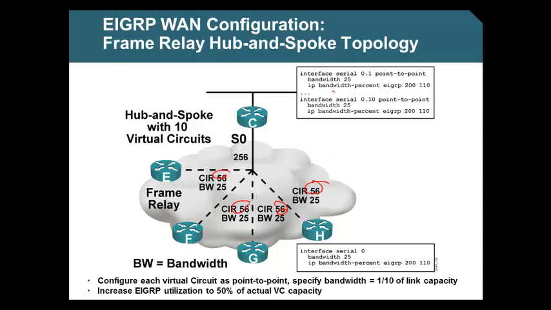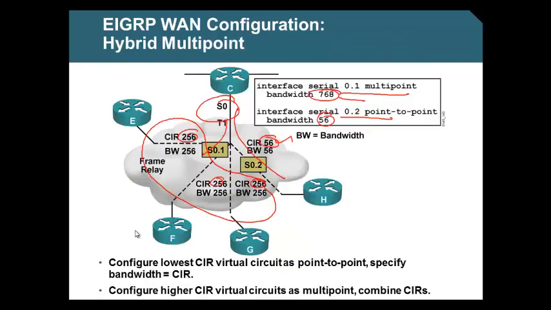You can simply say for each sub-interface 25 as a bandwidth for EIGRP to use, or you may use it like this.